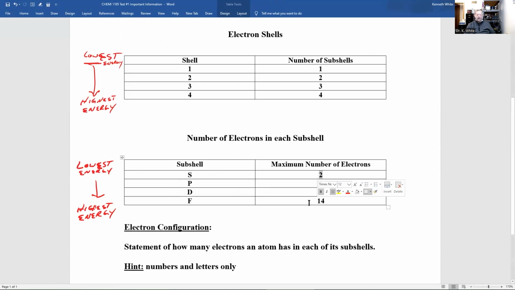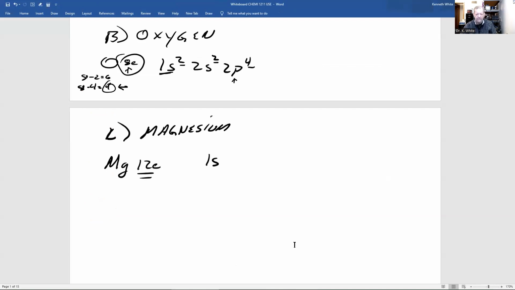And you can only put, guess what? 2 electrons. So I will. Now, 12 minus 2 is 10. I've got more to go. I can only have one subshell in shell 1, that's 1s, and you can only do 2 electrons. So I filled that up.